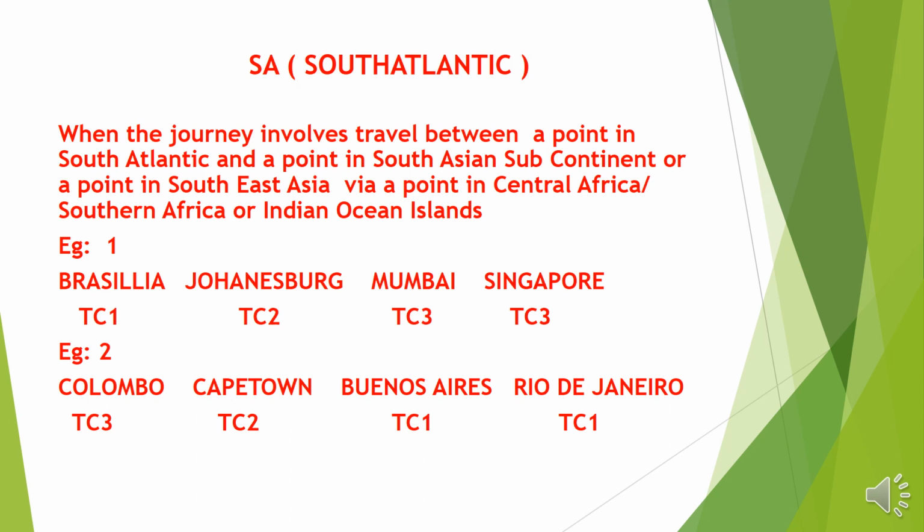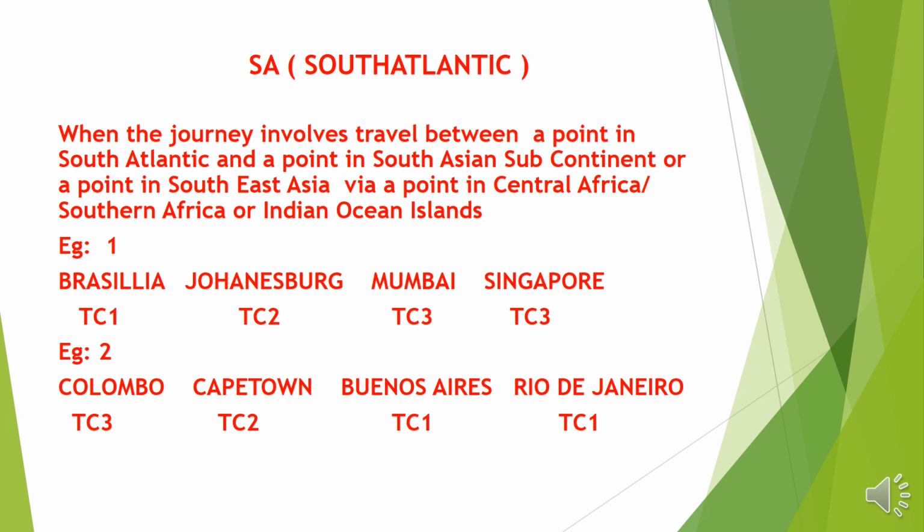You cannot have a city in TC2 which is in Europe. You cannot have a city in the Middle East. You cannot have a point in Kenya because it's in East Africa. You cannot have a city in Nigeria because it is in West Africa. The via point should be in Central Africa, Southern Africa or Indian Ocean islands.